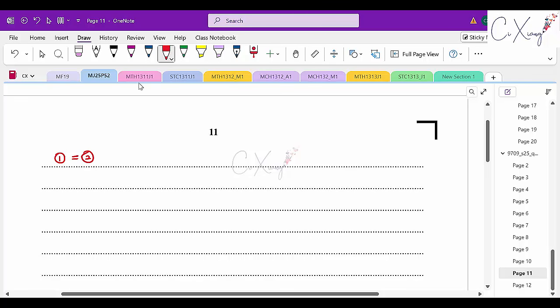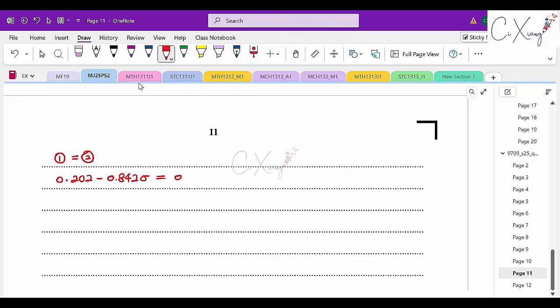Okay, so when I try to solve them, I will be having this: 0.202 minus 842 sigma. Then 1.425 sigma is equal to 0.017, and the sigma that I get basically is 17 over 1425.